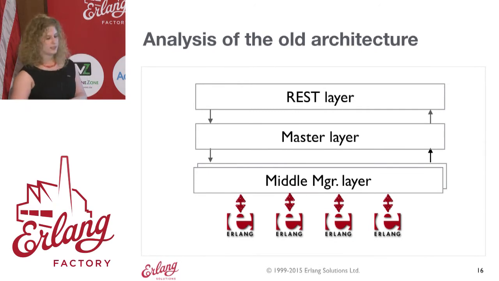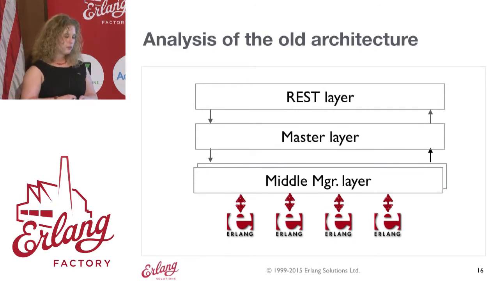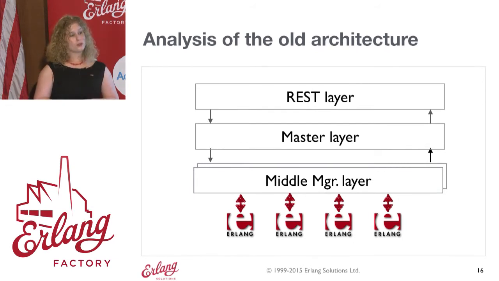Okay, let's see. The old architecture was a layered architecture consisting of 3 layers. The top was the REST layer, the main interface to communicate with Wombat. Then comes the master layer that provides topology services, and it acts as a router between the REST layer and the middle managers.